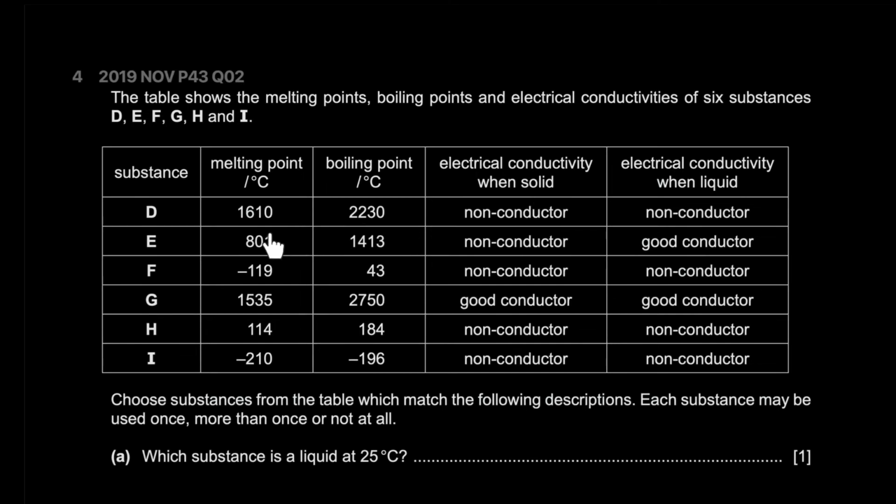And the temperature is very high, so it's not simple covalent, it's not metal, it's not ionic. So we're left with a giant covalent structure, kind of like diamond. All right, so E, relatively high melting and boiling point, simple covalent is out. Doesn't conduct as a solid, but conducts when molten. Oh, ionic, has to be ionic.